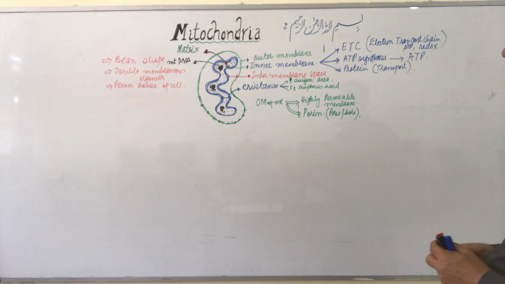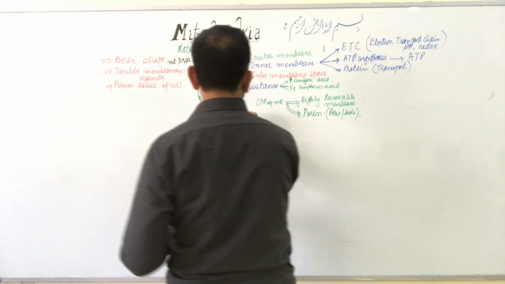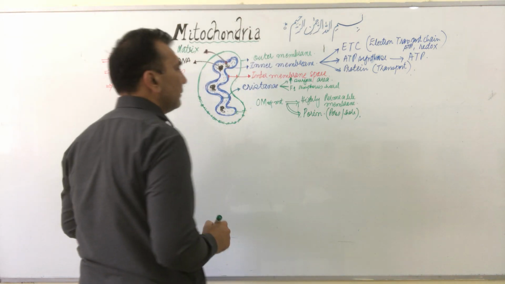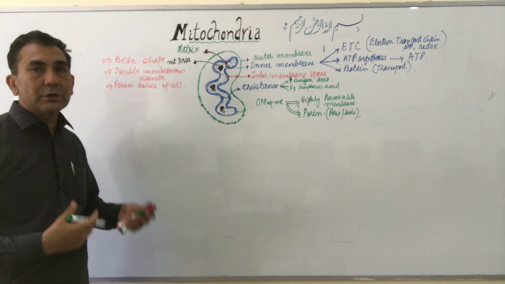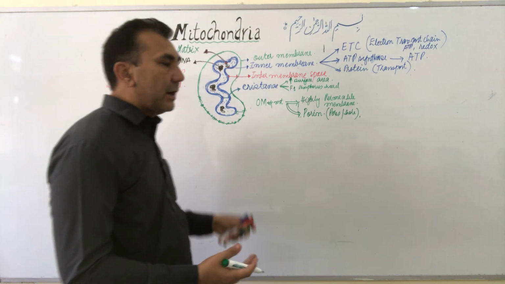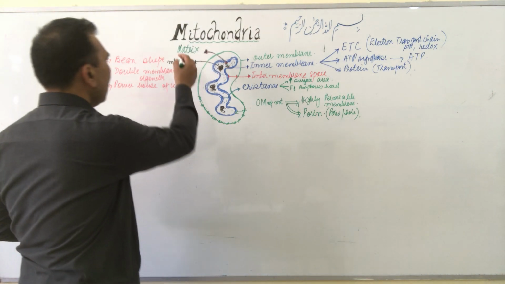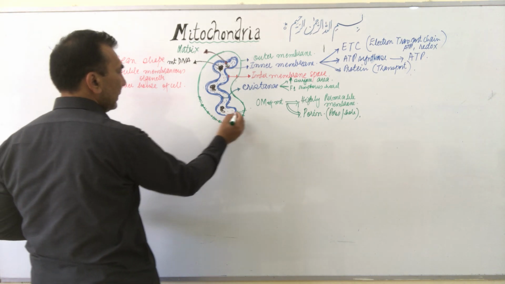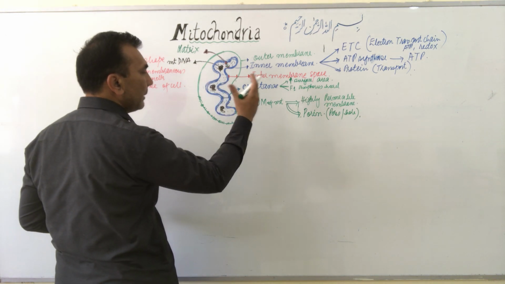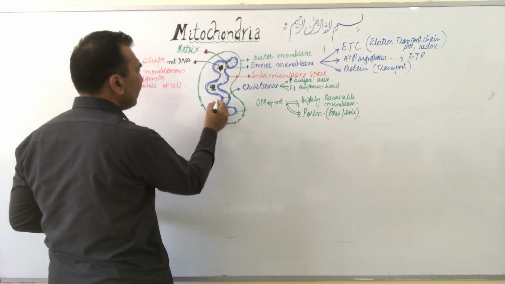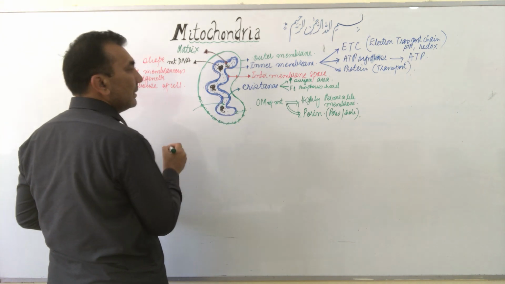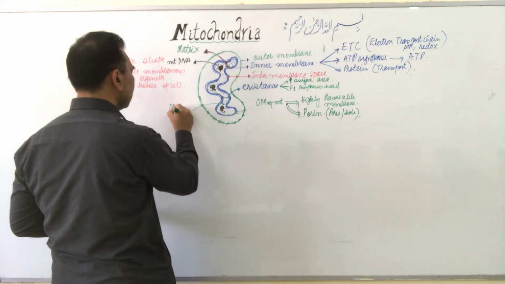The matrix is the space where ATP production takes place. Now this matrix is present inside the cristae fold.